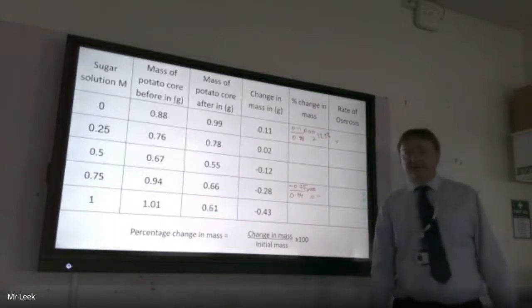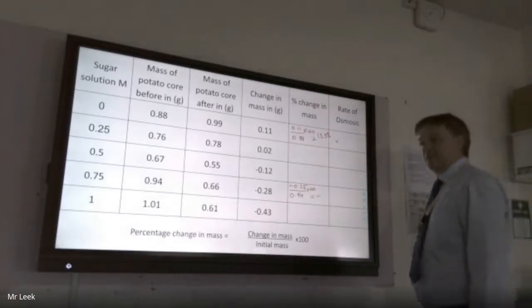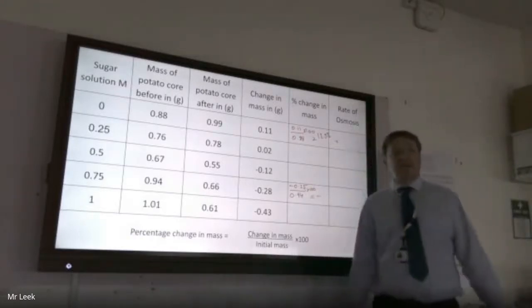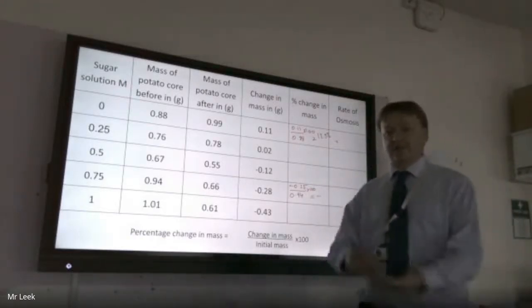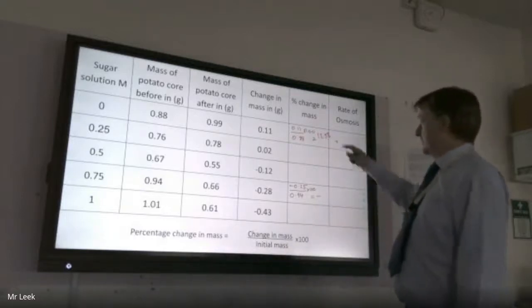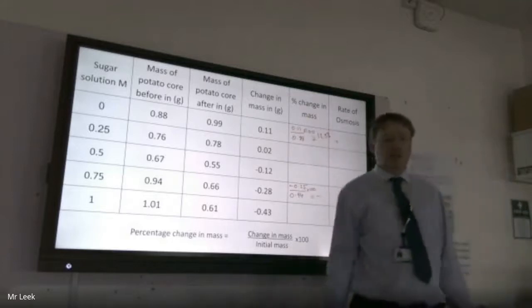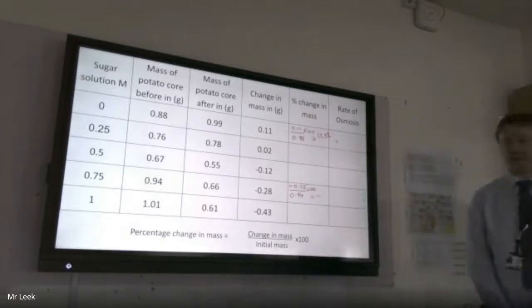The minus tells you that it's got smaller. So maybe 3 or 4 minutes, get your calculator, or you can use your phone, because obviously I'm not going to take the phone off you. I want you to calculate those 4 there, please. If you're stuck, unmute and ask a question.